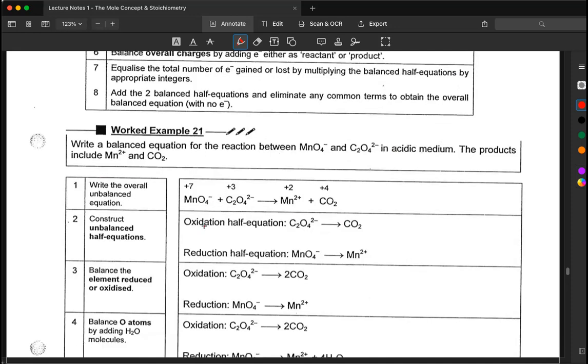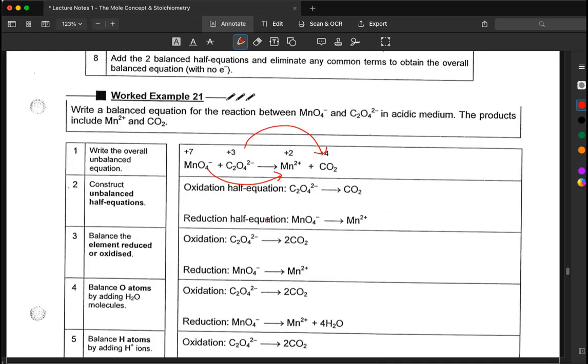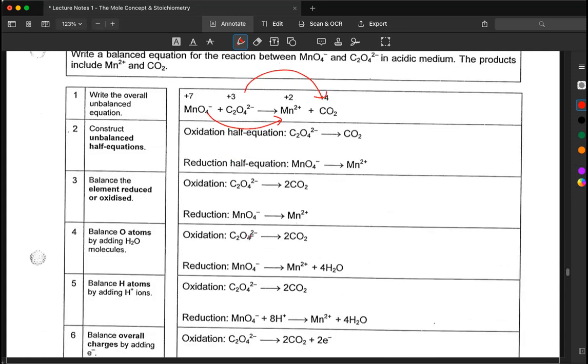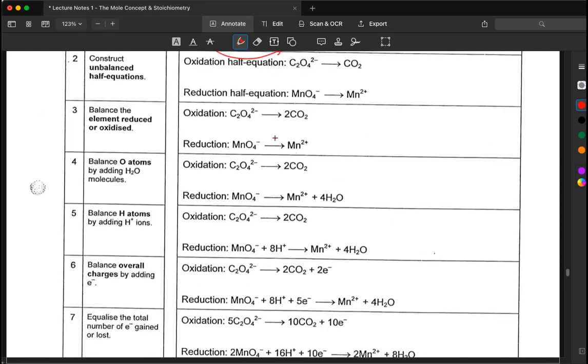So you can see that this and this are related. So the strategy is to write down the half equations first. Okay, then look at them individually. So for this one, you balance the element reduced or oxidized first. Okay. 2, then no need to balance already because I don't even have the O there.